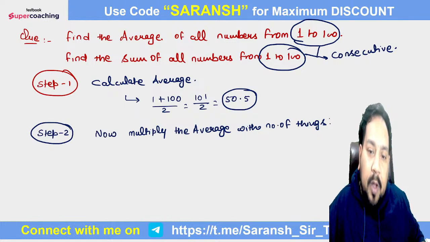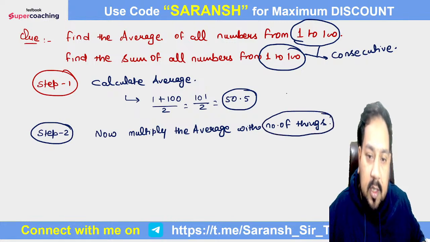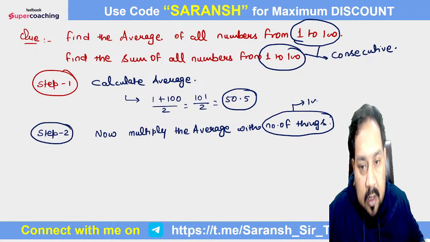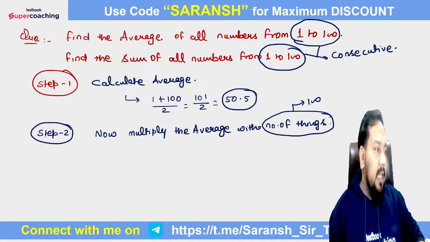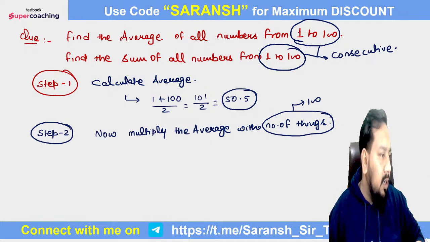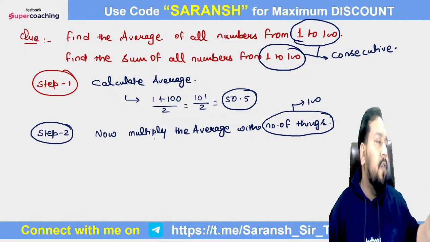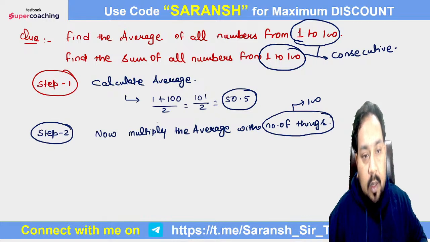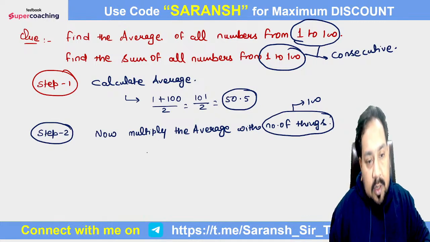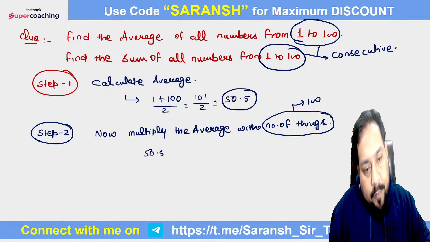Now tell me, number of things is what? That is 100. 1 to 100, that is 100 numbers. Or he will tell you first 100 numbers. Now just multiply 50.5 into 100.